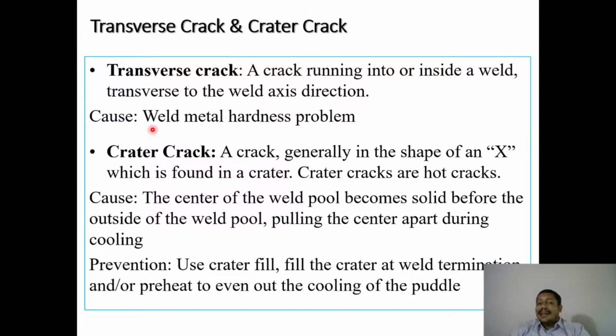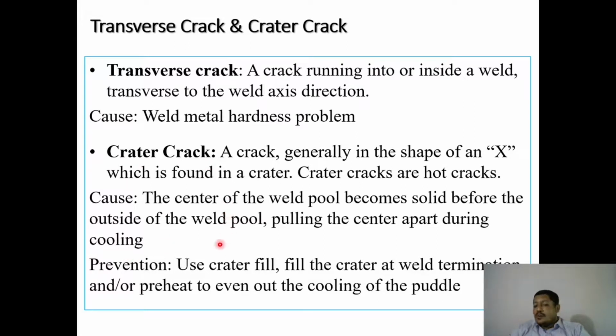Next is called crater crack. A crack generally in the shape of X which is found in a crater. Crater cracks are hot cracks. The cause is that the center of the weld pool becomes solid before the outside of the weld pool, pulling the center apart during cooling. That is, improper cooling is the reason for getting the crater crack.